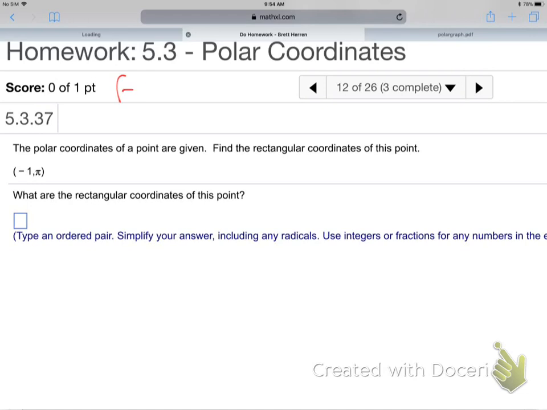Okay. So -1 comma pi. That's our r and our theta. Can you find x? And find y? Try that one. X is r cos theta, so -1 cosine pi.